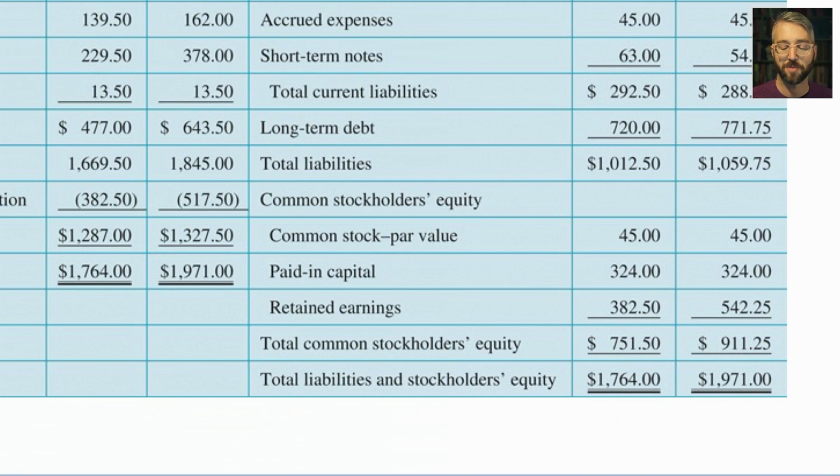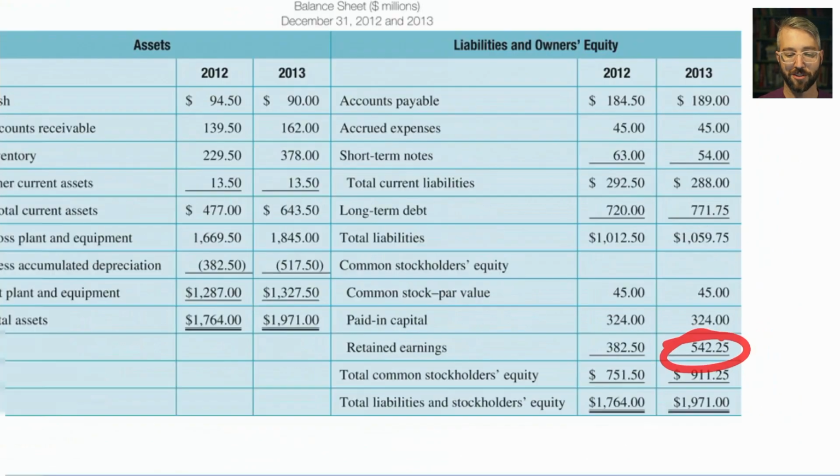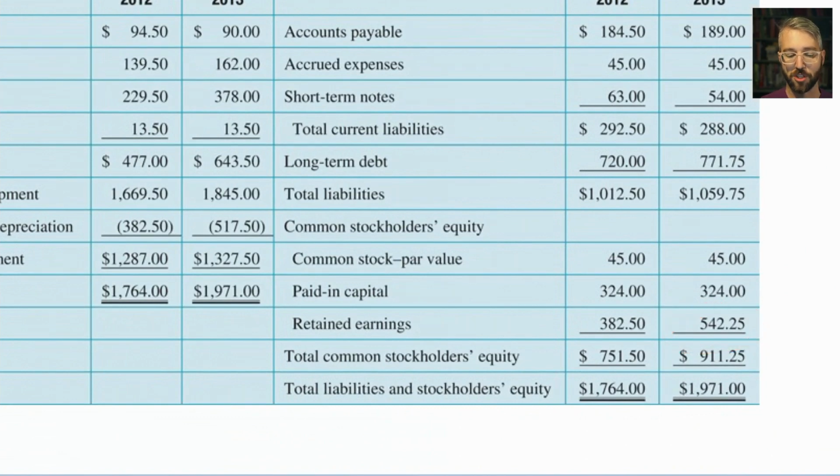We call that reinvestment, and all the money cumulatively that's been reinvested in the firm is called retained earnings. So we can see that as of the end of 2012, Boswell had $382 million of retained earnings. Then as of the end of 2013, they had $542 million in retained earnings. And so that change is the amount that must have been reinvested in the firm over the year 2013.